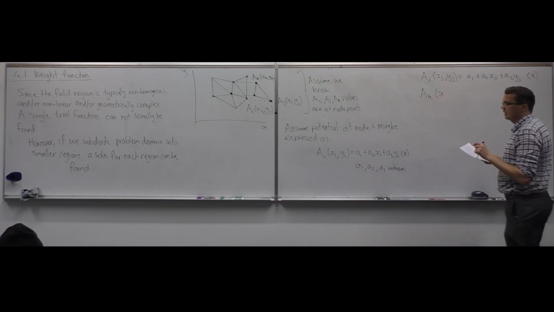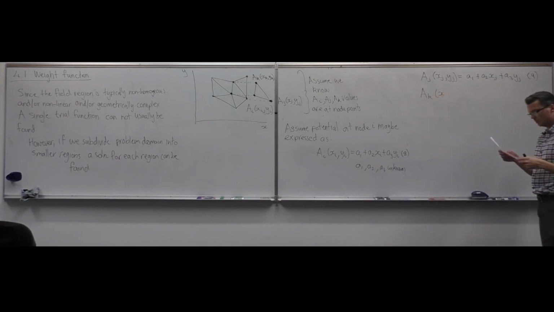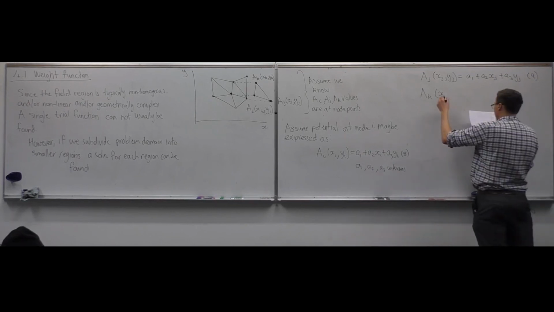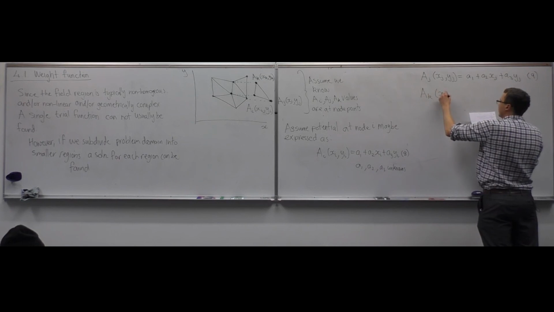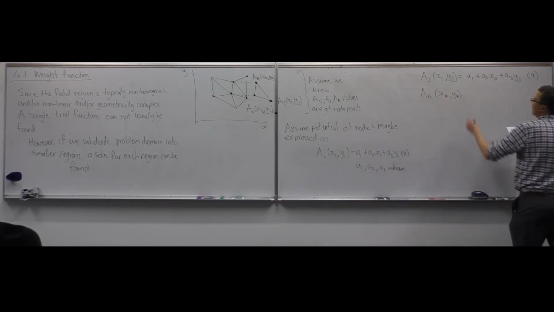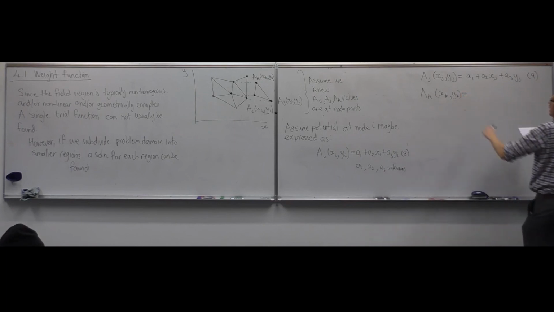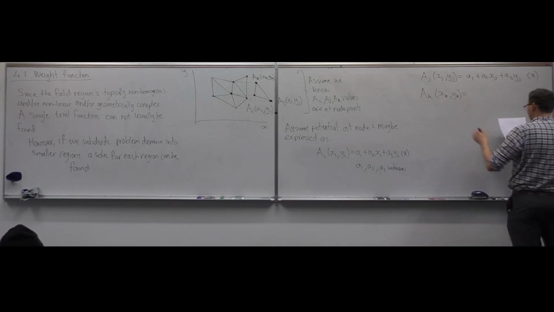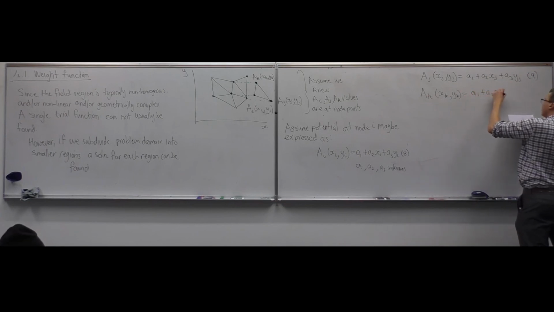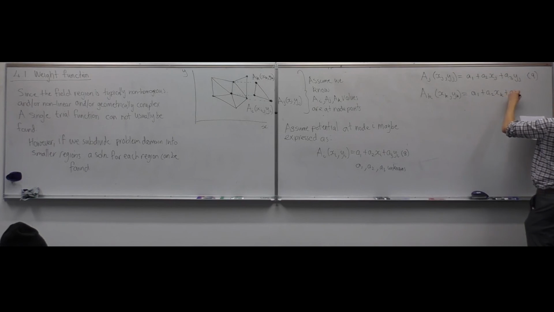This is a little bit like the movie. You have to see quite a bit, and then hopefully it will come together. So then AK could be written as A1 plus A2 xk plus A3 yk, and we'll call that equation 10.